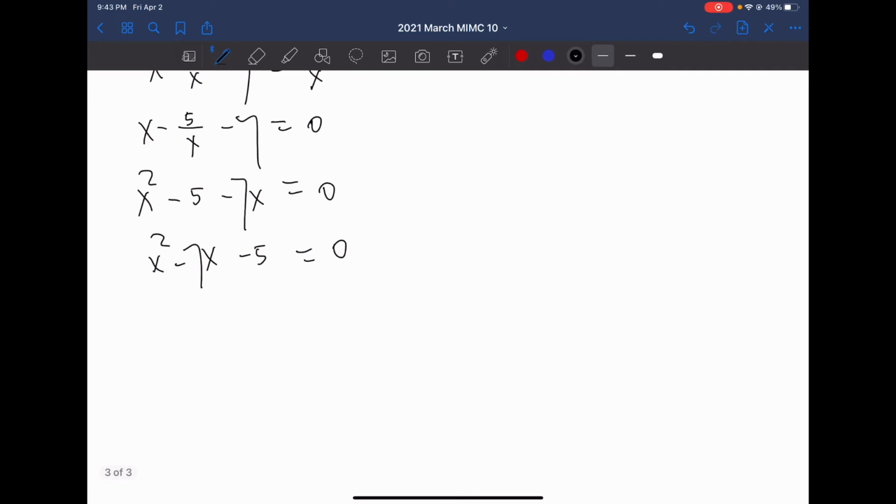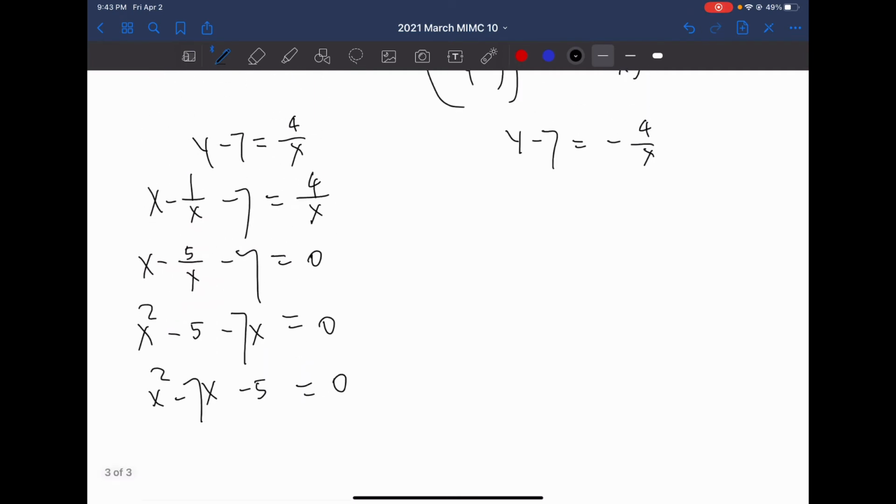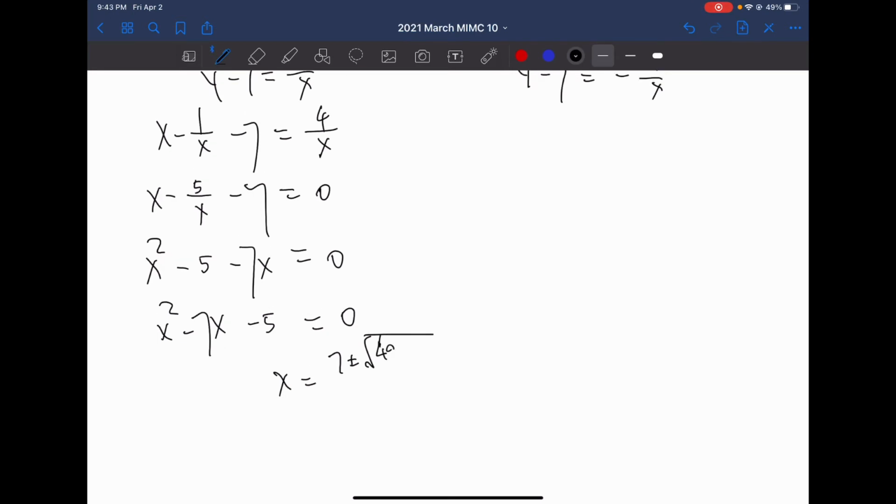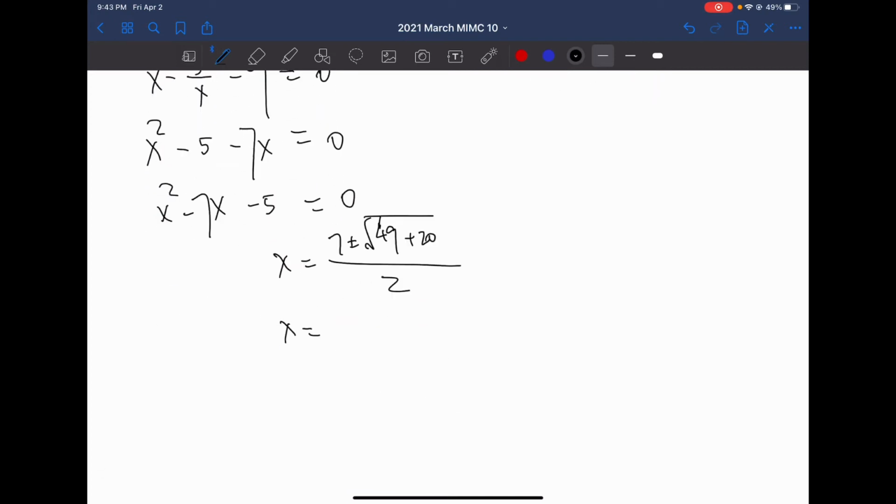And just bash it out, we can get x is equal to negative b plus or minus the square root of b squared minus 4ac, which is 20 over 2, which is 7 plus or minus square root of 69 over 2.